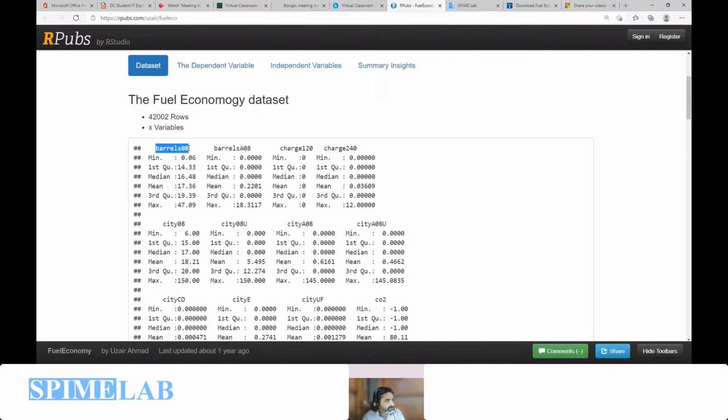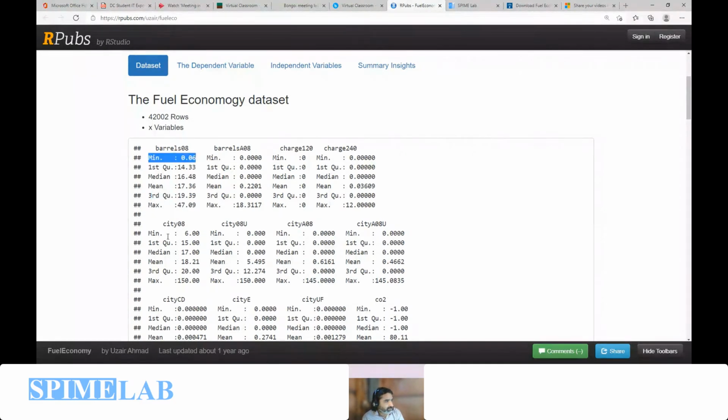Assuming that there is a barrels08 variable, the summary of this variable will be described by min, max, mean, median, first and third quartile statistics. These 5 numbers tell us a story. They summarize. If there are 40,000 values, they are captured somehow and summarized by these 5 numbers.